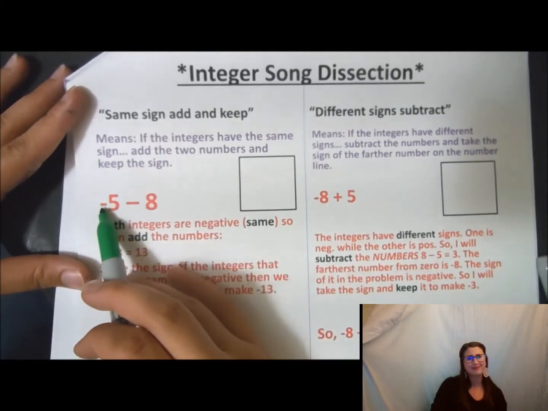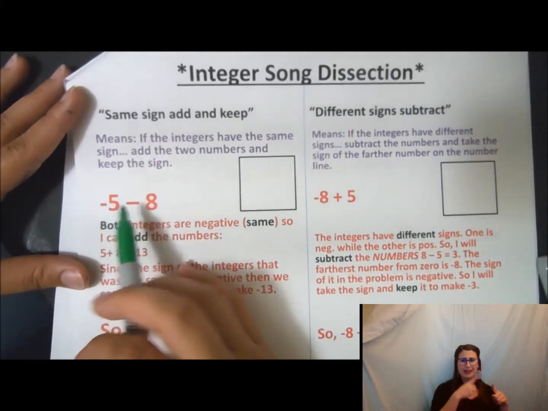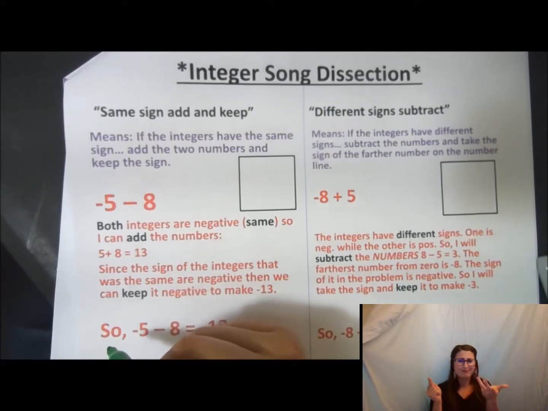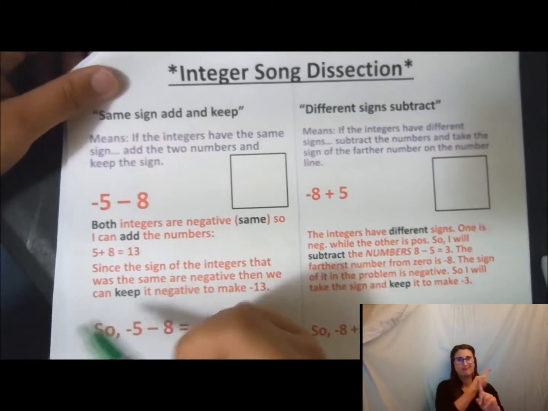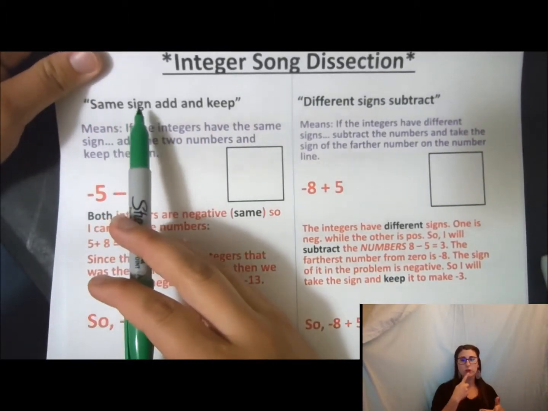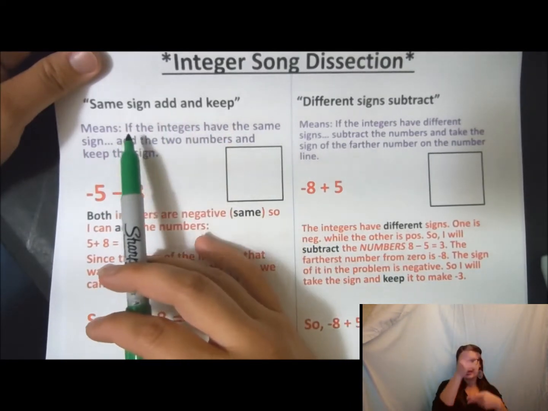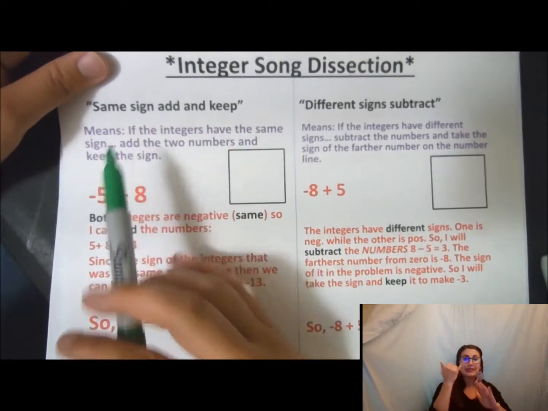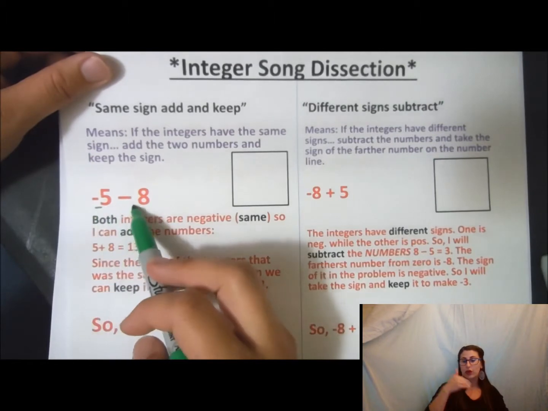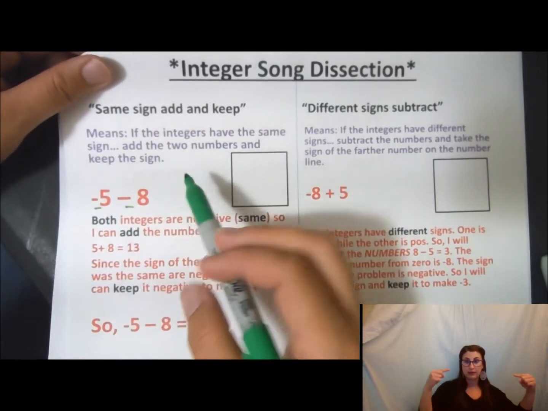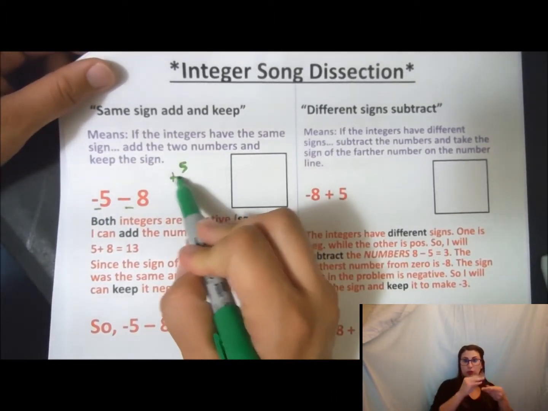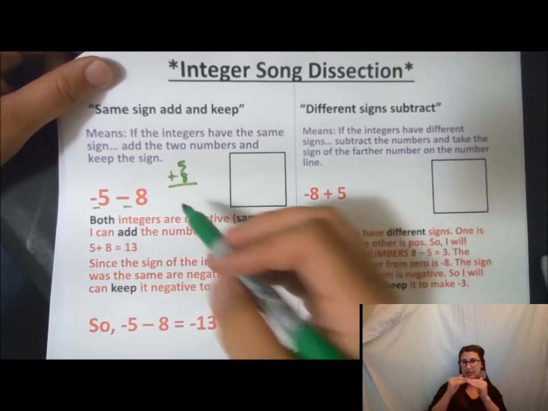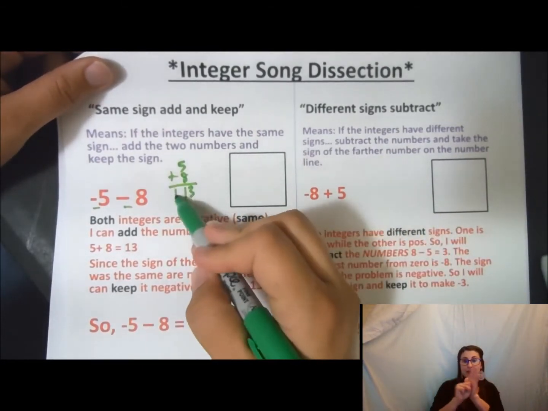Don't worry that this one is shorter than that one. It's just the way that it came out when we were typing it on the computer. It says same sign, add and keep. It means if the integers have the same sign, which they do, negative, negative, add the two numbers and keep the sign. So 5 plus 8, that's 13, and keep the sign.